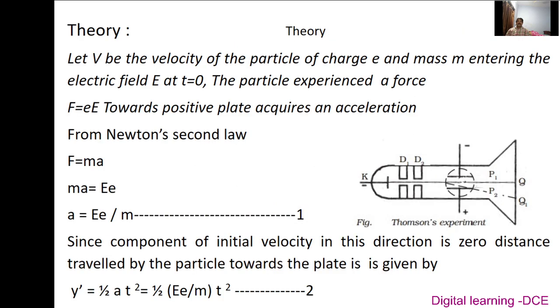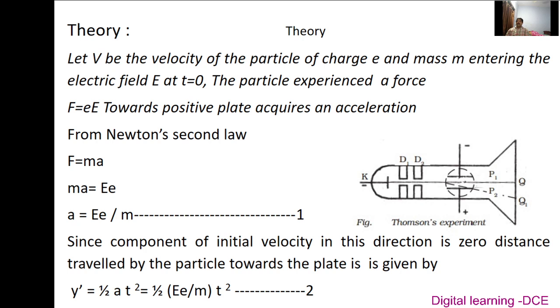of the electron. In the absence of any field, the cathode ray or electron that is coming out from the cathode reaches the point O on the screen. Now we apply an electric field between the two plates P1 and P2 at the instant when the cathode ray enters the region between the plates P1 and P2.